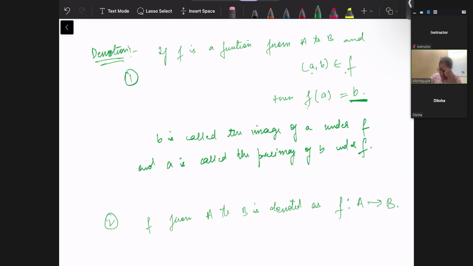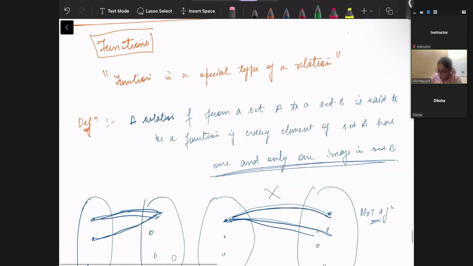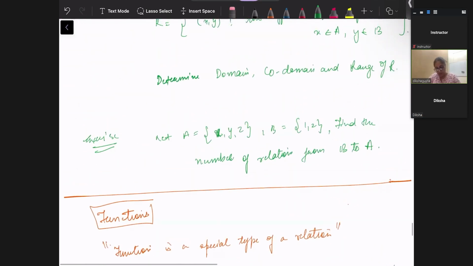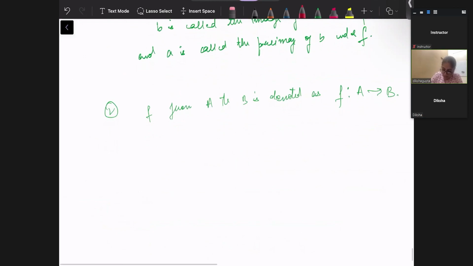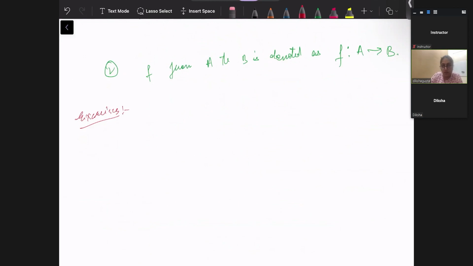Okay. So we'll go into more detail on function in the next class. But I'll leave so many exercises in between classes. Try to solve them. It will help you clarify your topic.